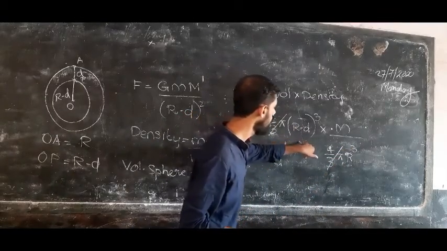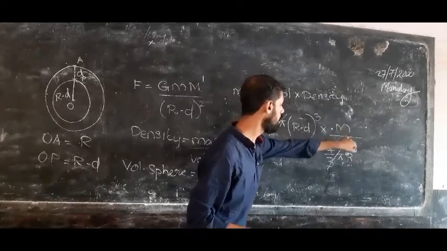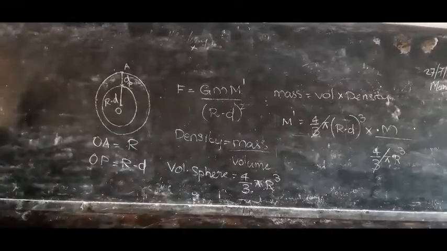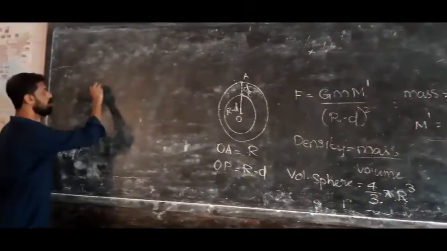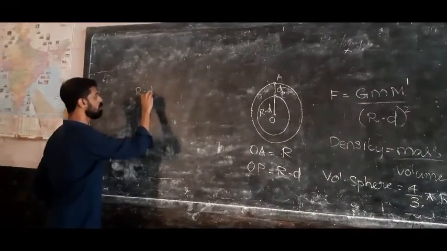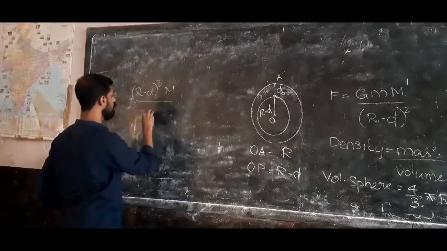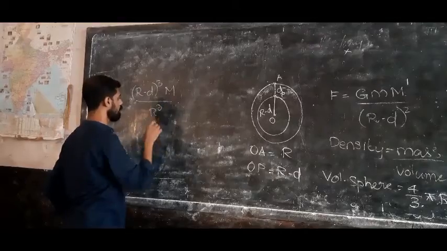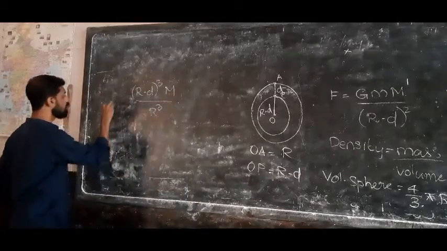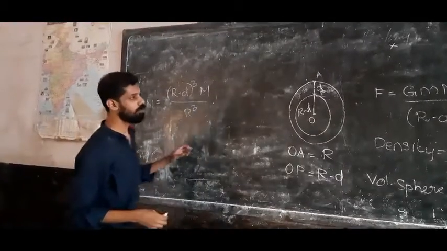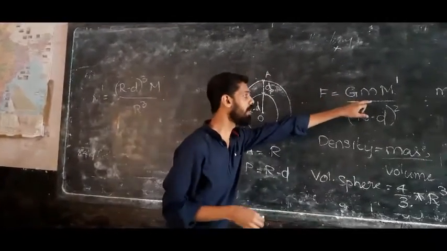Remaining is (r minus d) cube m divided by r cube. This is m dash. Now we found the value of m dash.